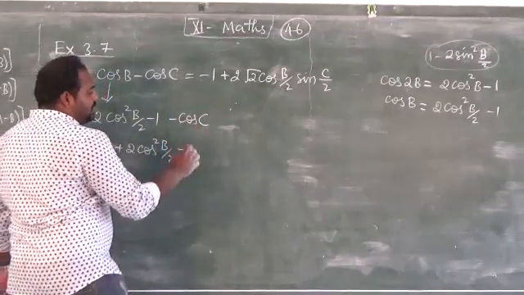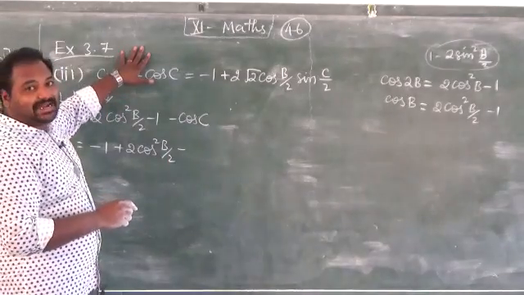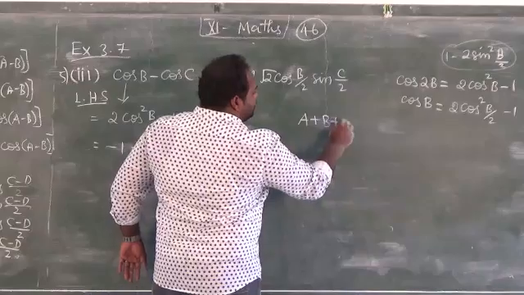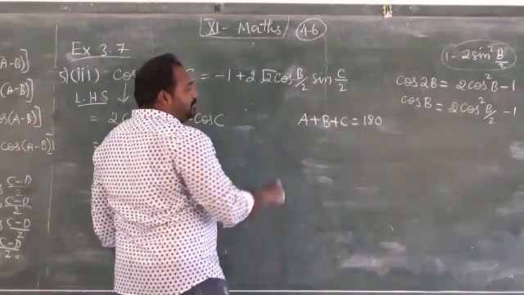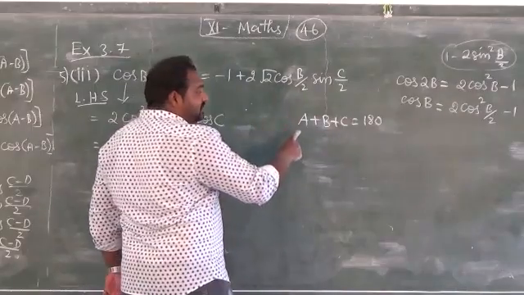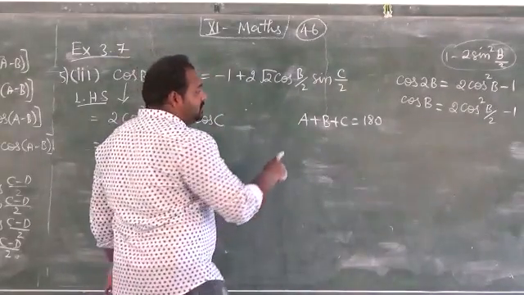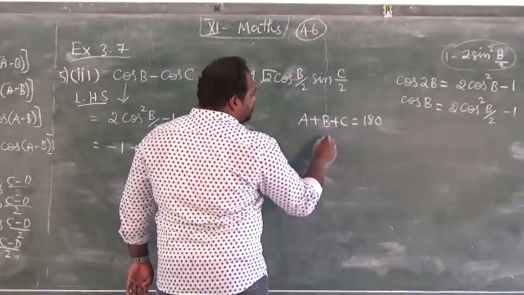Here cos C. The condition is already given that it is a right angle triangle. So the sum of the angles equals 180 degrees. We know this from the given information because ABC is a right angle triangle.